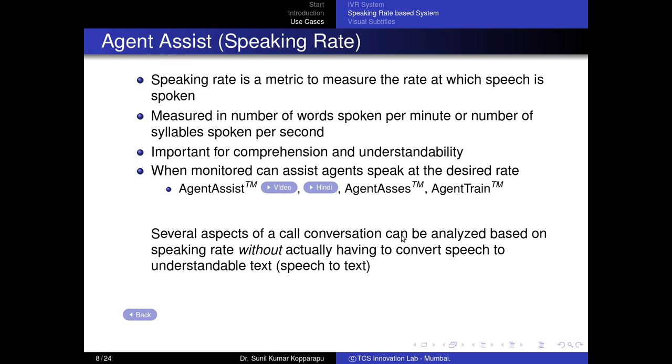So this is a small module which was built to compute the speaking rate of the agent in real time. This technology helps the agents realize their speaking rate in real time, so that if they are going too fast, they can reduce their speaking rate to make themselves much more comprehensible. So let's look at a small video.